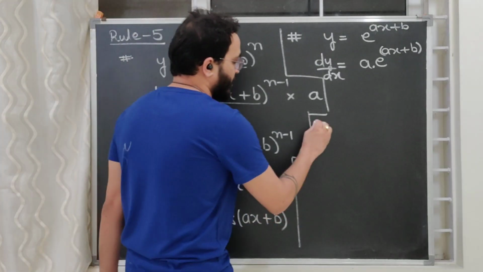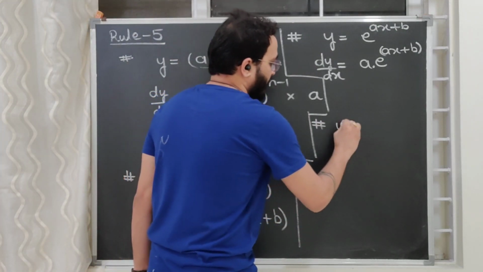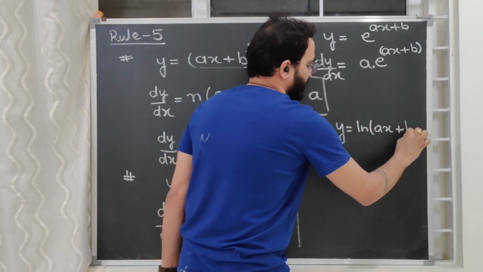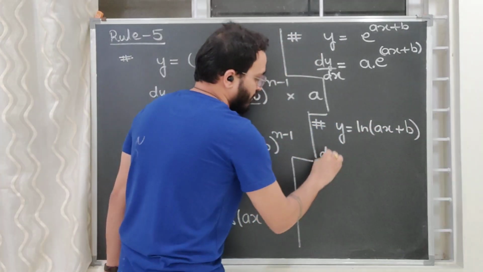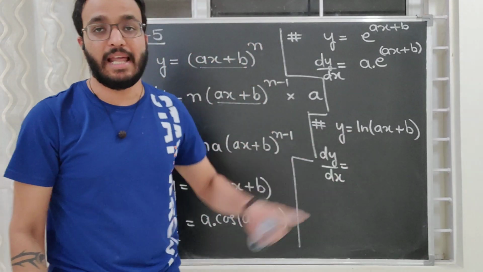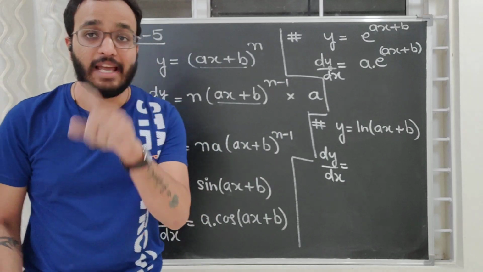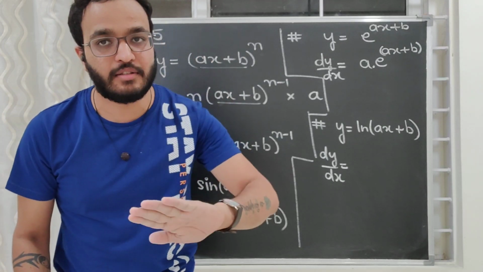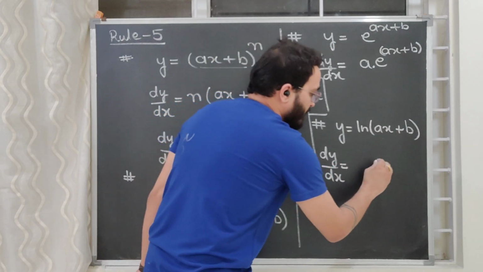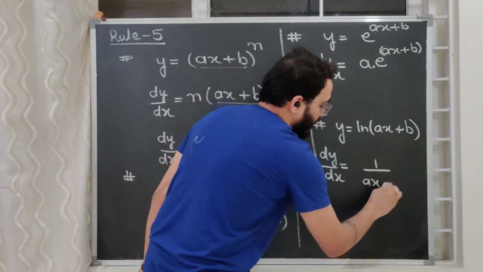For example, y is equal to ln of ax plus b. Then also, when you differentiate it, what is the differentiation of ln x? The differentiation of ln x is 1 by x. So here, differentiation of ln of ax plus b will be the same, 1 by ax plus b.